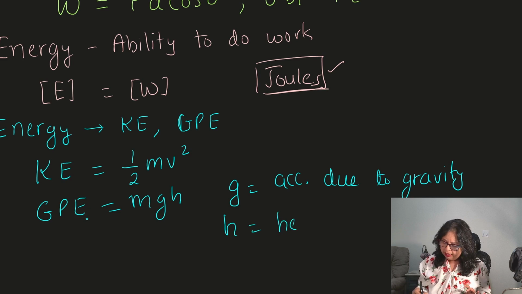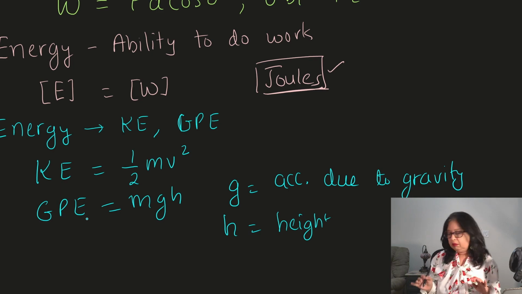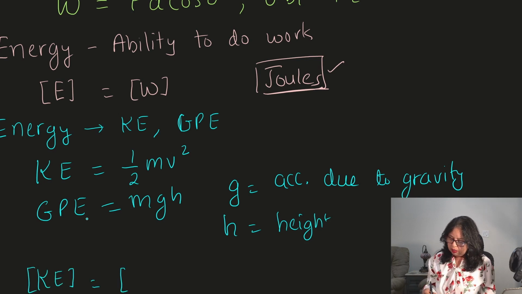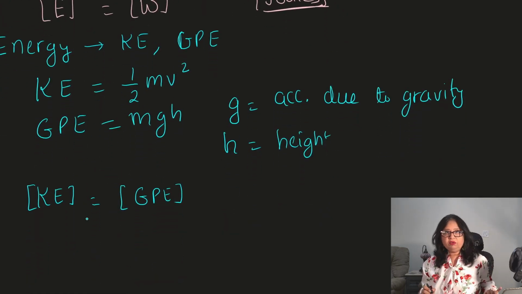And h is the height above the ground or height above the reference level. So we know that whatever the dimensional formula for kinetic energy is, that should be the same as gravitational potential energy, because these are just energies. Should be the same as that of work.